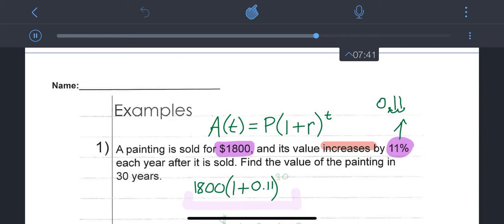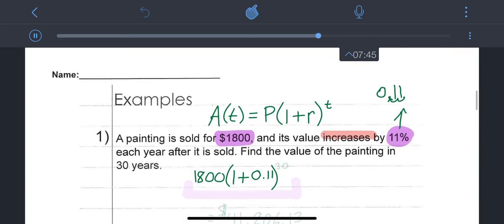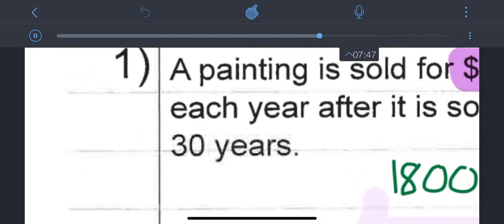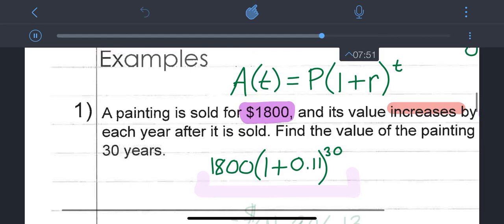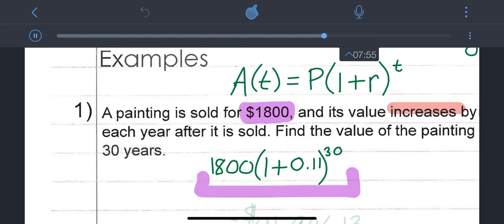And then the only thing missing is time for T. Well, they want us to find the value after 30 years. So 30 is going to go in there. Now the hard part's done. All you need to do is put exactly what you see here into your calculator.